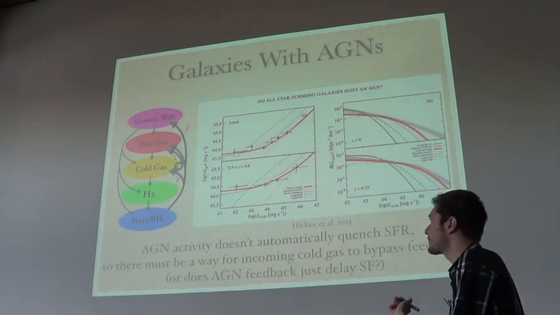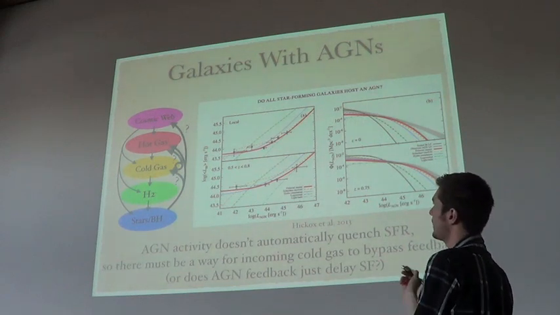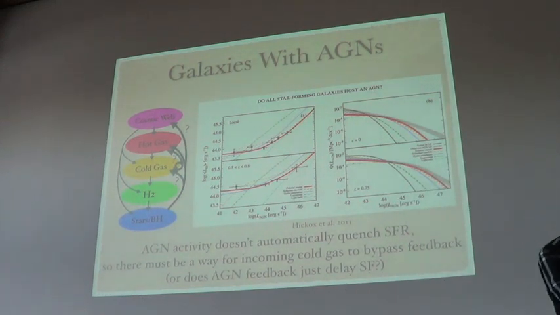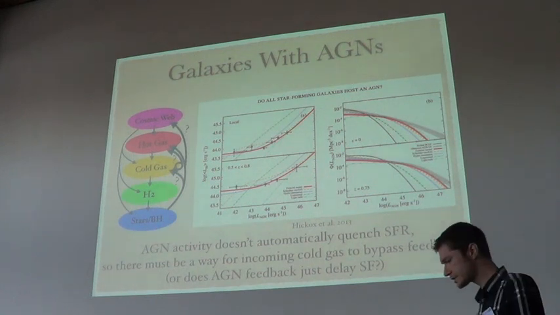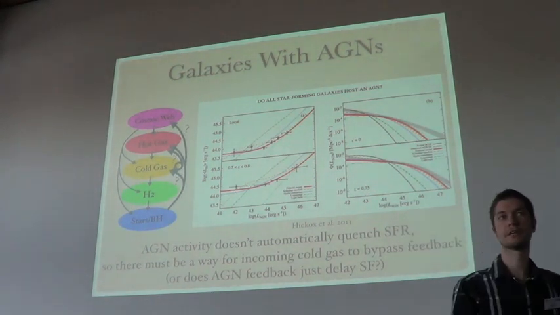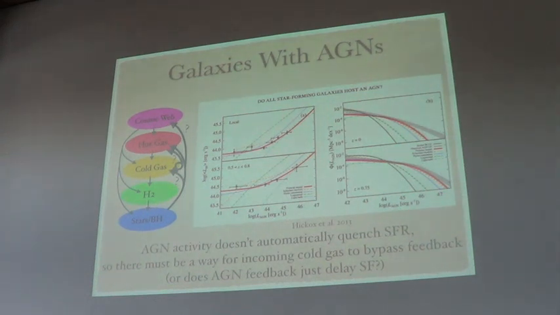So it's interesting, if you look at galaxies with AGNs, where you'd expect that the feedback would be dramatically boosted. We don't know necessarily if AGN activity is correlated or not with star forming activity, but one thing which we can say for sure is that the presence of an AGN doesn't automatically quench the star formation rate in galaxies.